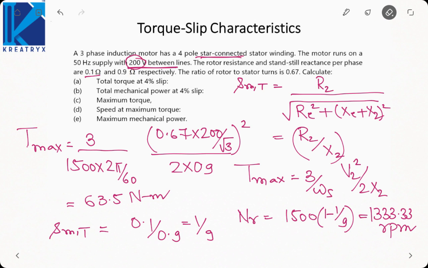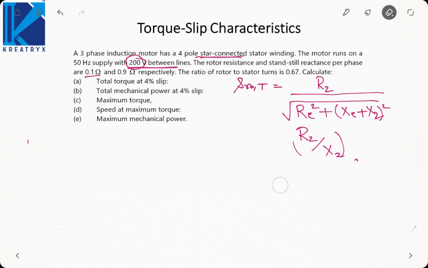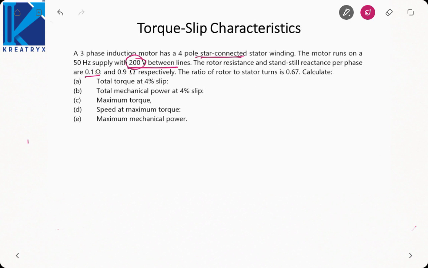Next it is asking the maximum mechanical power or maximum developed power. For maximum developed power, the slip for maximum power is R2 upon R2 plus the square root of RE square plus (XE plus X2) square.